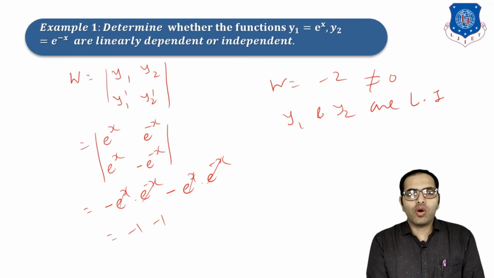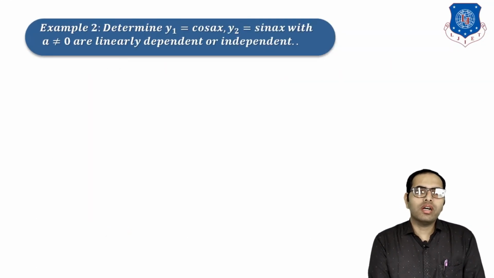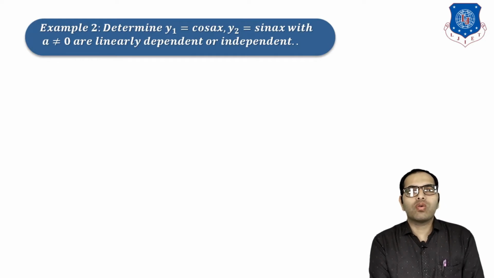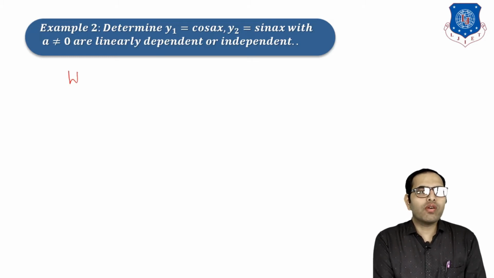Let's move to one more example. Example number 2. Determine whether y1 equal to cos ax and y2 equal to sin ax, with a not equal to 0, are linearly dependent or independent. For such kind of example, what we have to do?